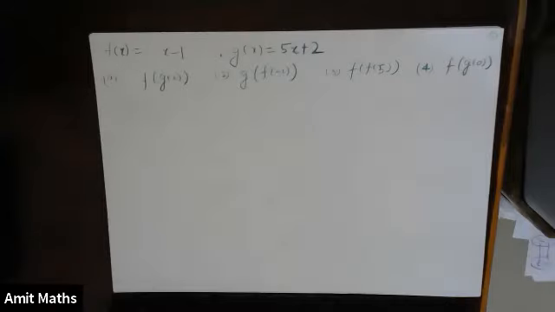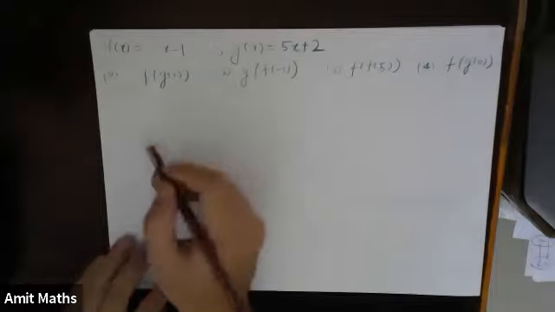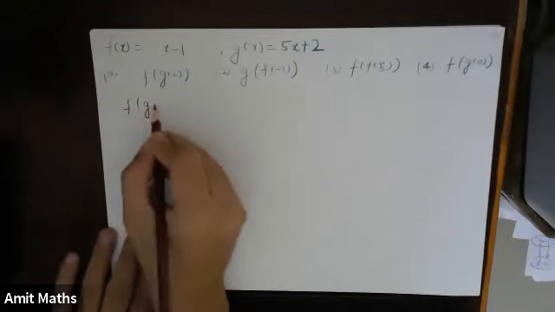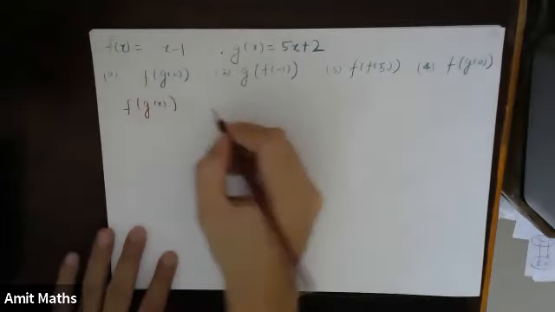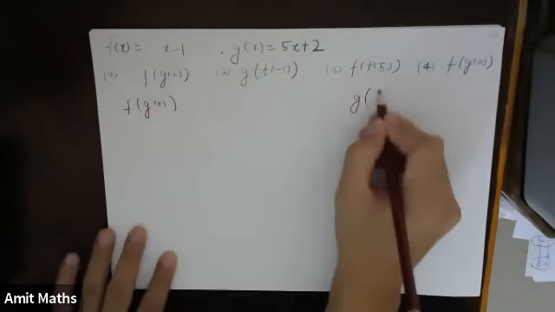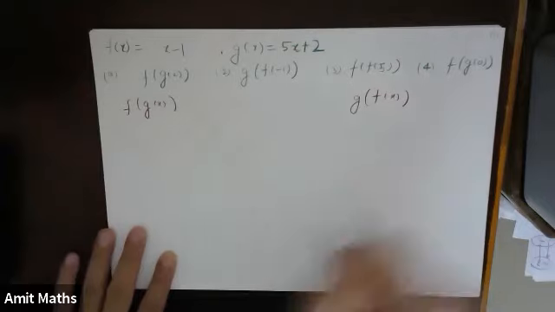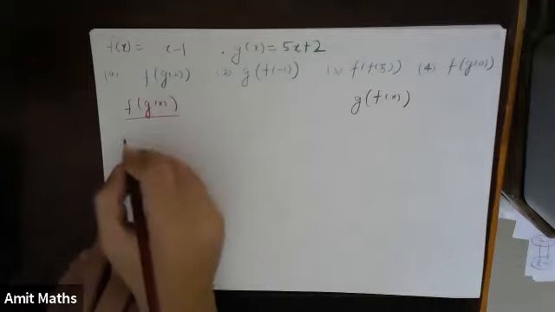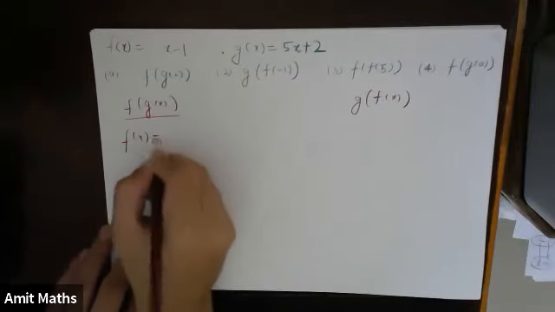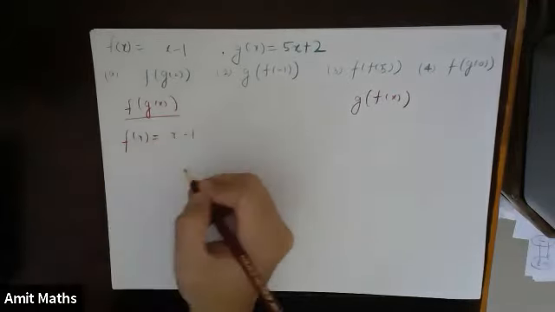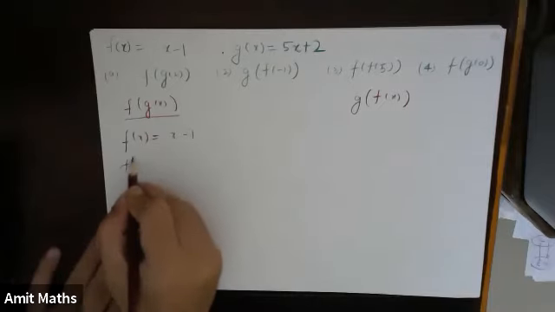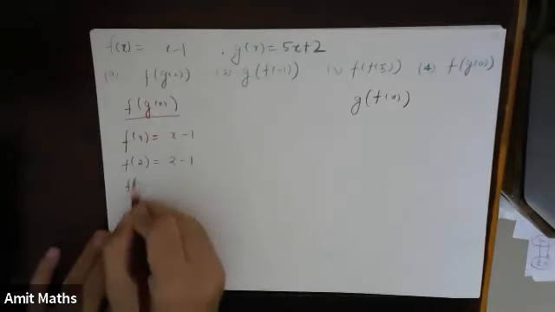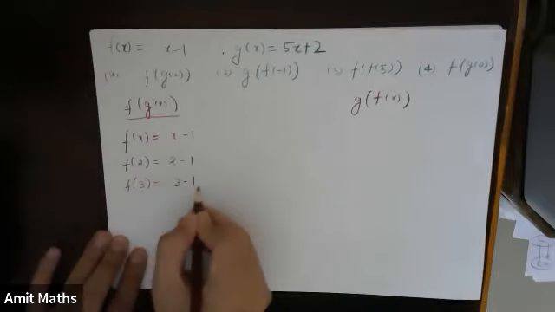I hope everybody must have got the answer. Let's try to find out first what is f of g of x and g of f of x. First let's see how we can find f of g of x. When we have f of x is equals to x minus 1, suppose we write f of 2, f of 2 will be 2 minus 1, f of 3 will be 3 minus 1, and so on.